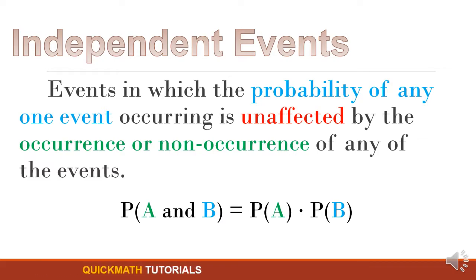It is an independent event because it does not affect the occurrence or non-occurrence of any of the events. Since you returned the card, the number of cards is still the same.